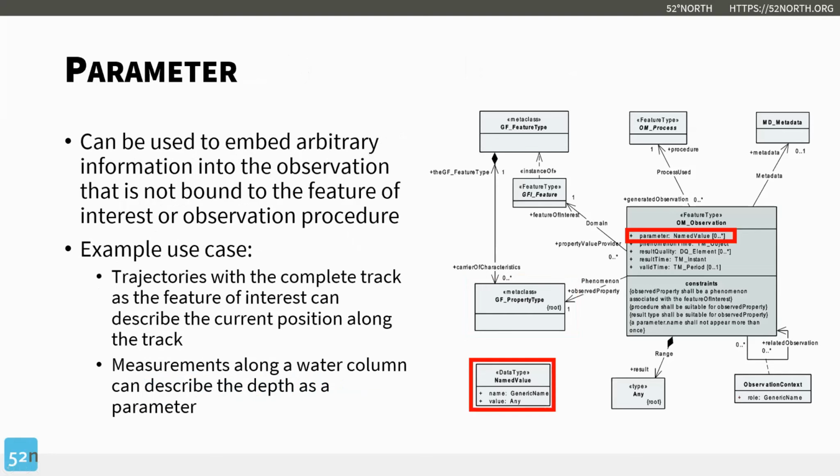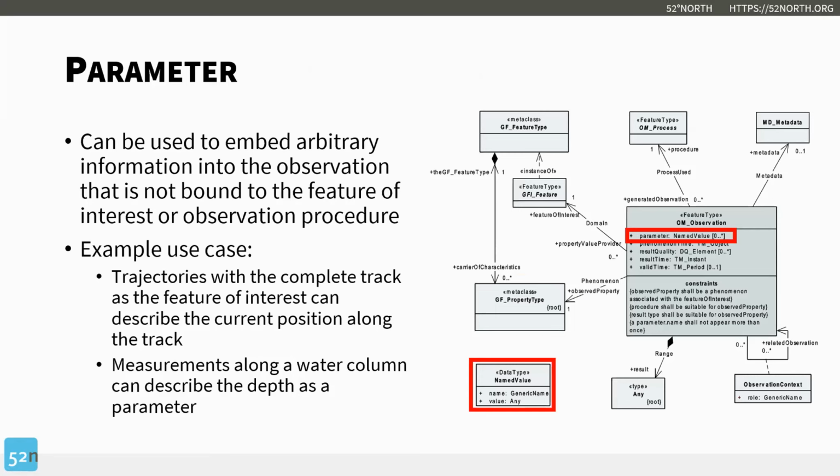One additional thing which also was not included in this basic slide before is the so-called O&M parameter. This is something which we can use for providing additional information about the measurements which we have been doing. Some people use that for having simple quality flags in there, which is quite a valid use case. You can also express that if you have complex observation data, such as a trajectory or profile, where you would like to have some additional information.